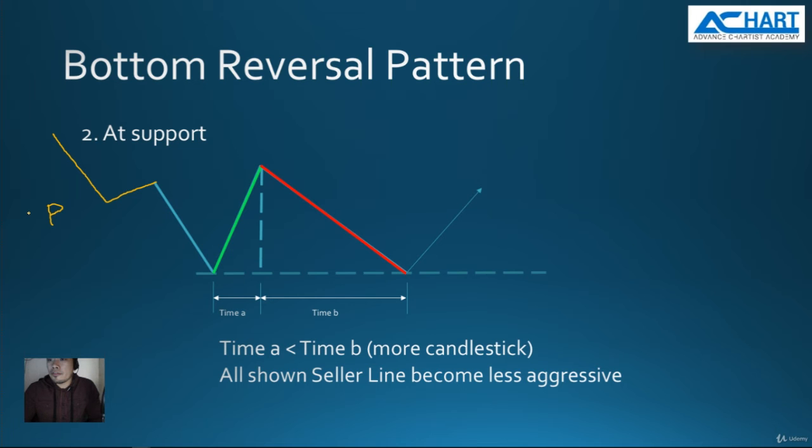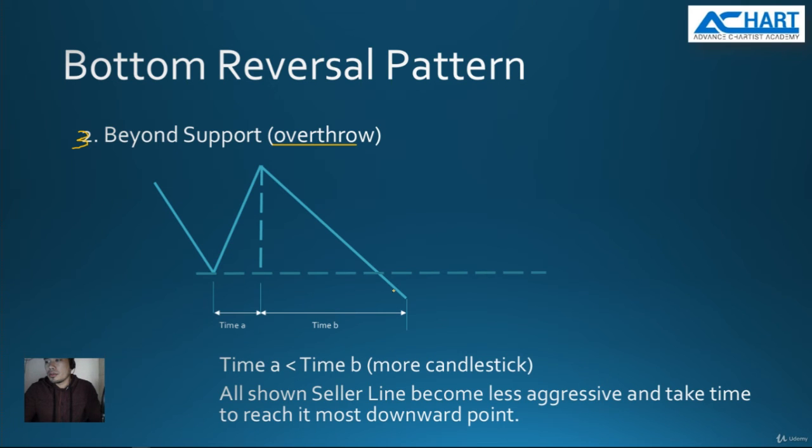It goes beyond the support level, but again you can see the seller becomes less aggressive, and it really takes a very long time for the line to end its retracement, compared to the buyer here. And as a result, it has the potential to go up.